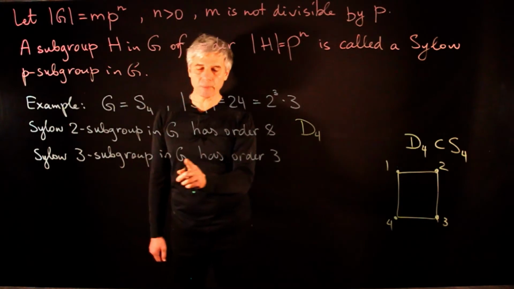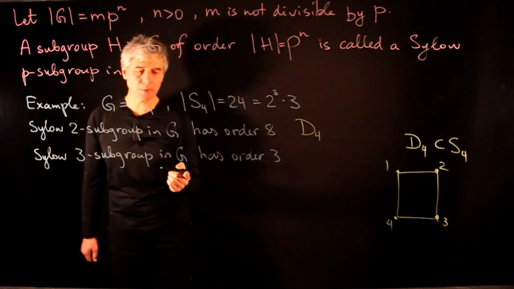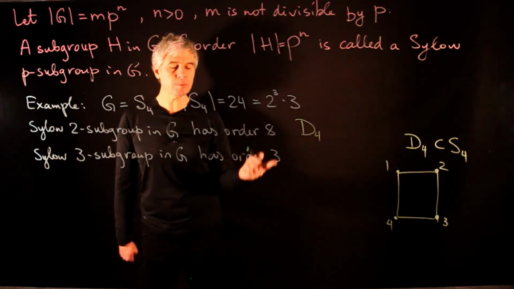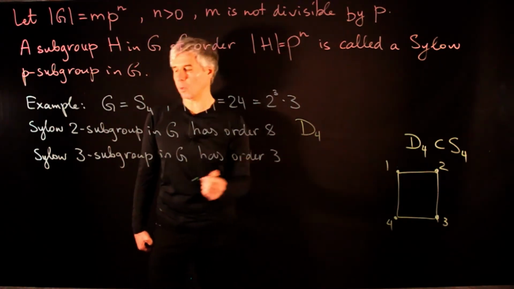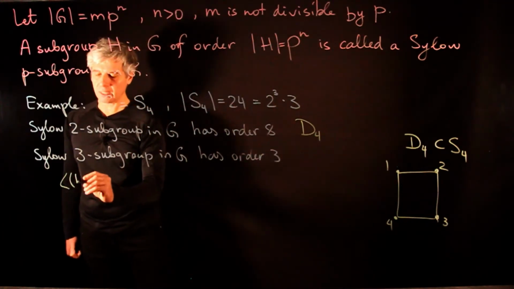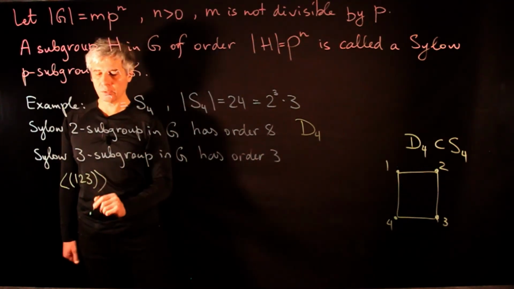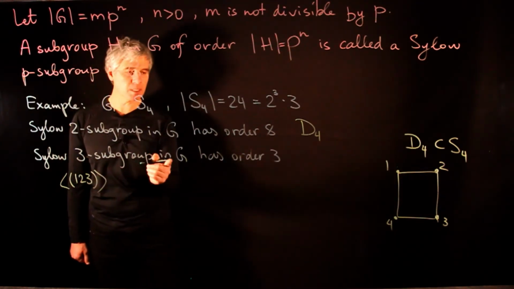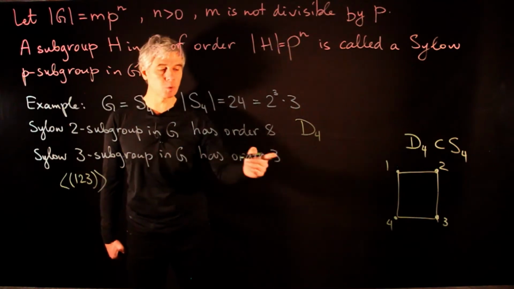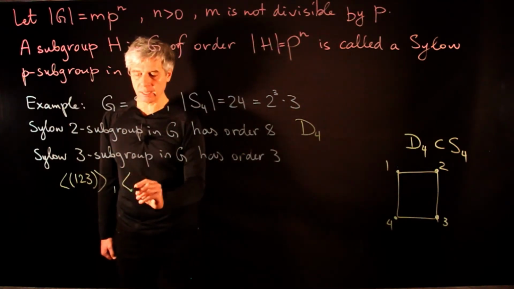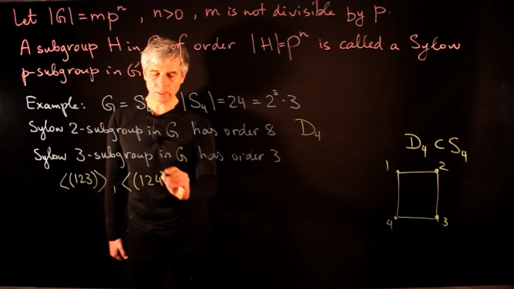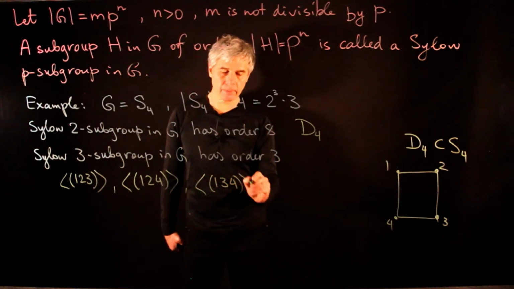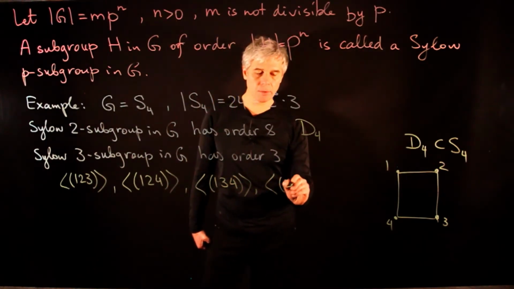For Sylow 3-subgroups in G, it's clear that if we take an element of order 3 in S4, then this element will generate a cyclic subgroup of order 3. So we can take the cycle (1 2 3). The subgroup generated by this cycle will have order 3, and thus it will be a Sylow 3-subgroup in S4. But we also can take the cycle (1 2 4), or the cycle (1 3 4), or the cycle (2 3 4).